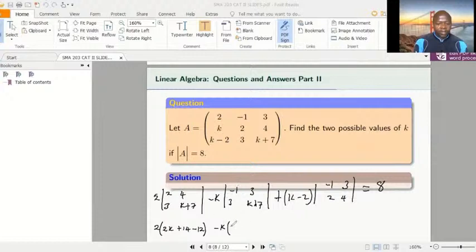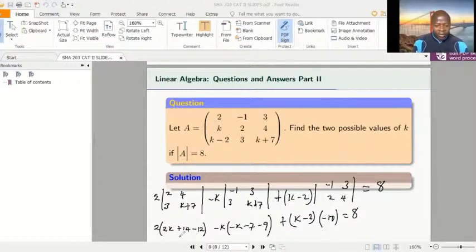This is negative K, negative 7, negative 9. And this one is K minus 2, and the determinant here is negative 4, negative 6, which is negative 10. And this gives us 8.